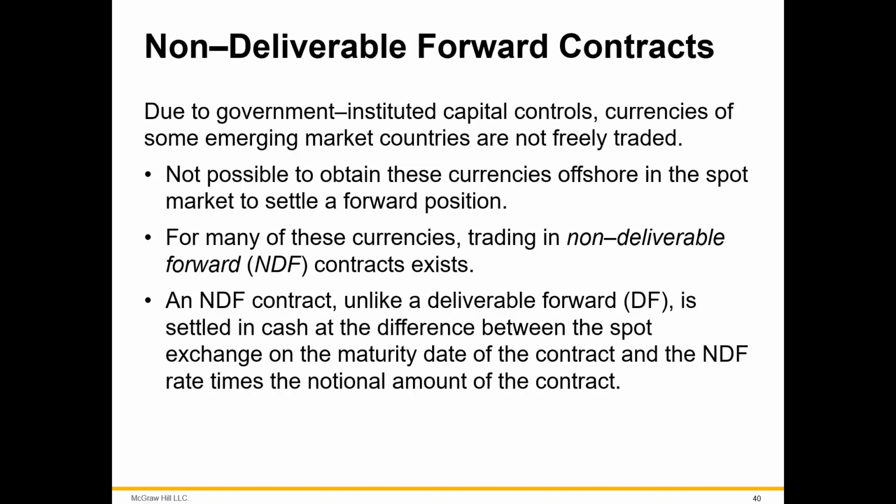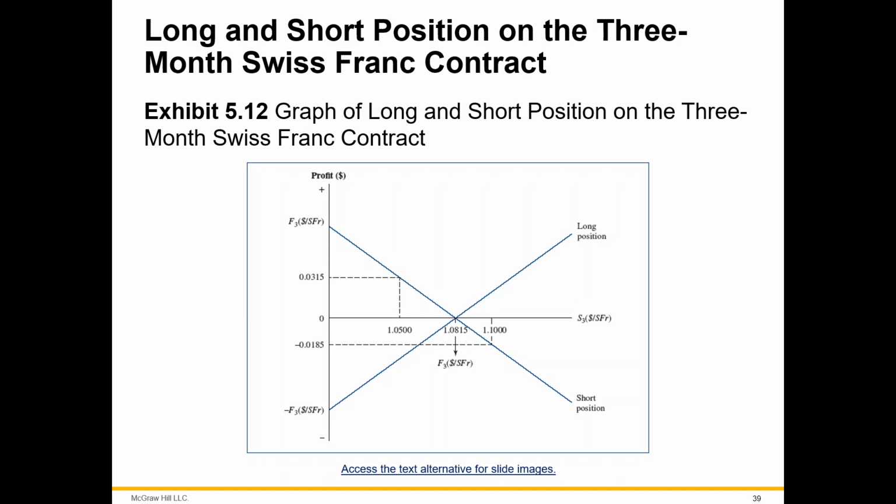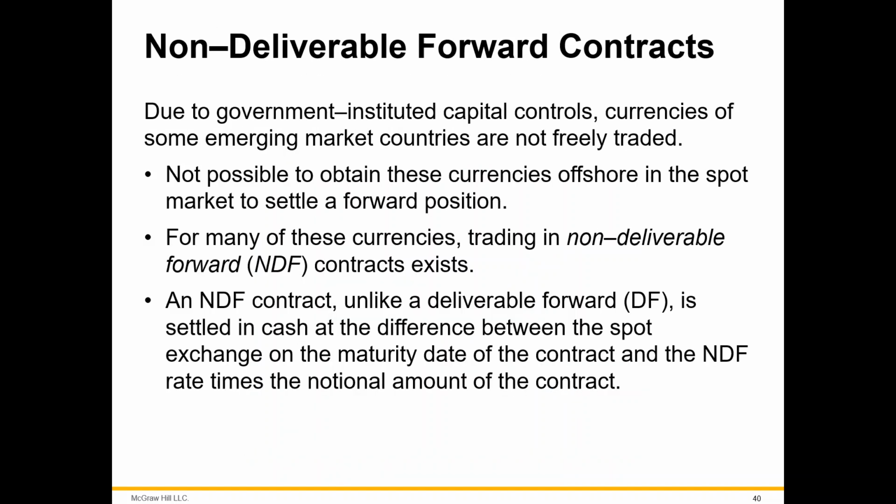If the currency moves relative to the forward, then that forward contract will either become more valuable or less valuable, just like in this chart. The contract itself will have value one way or the other, and instead of realizing that value by accepting delivery of the currency, you realize that value by accepting an equivalent amount of the original currency.